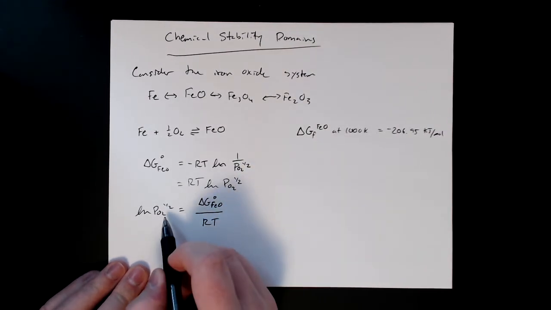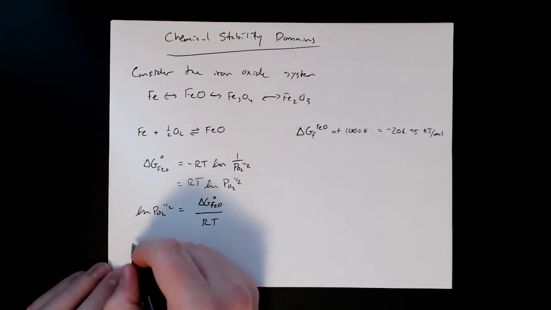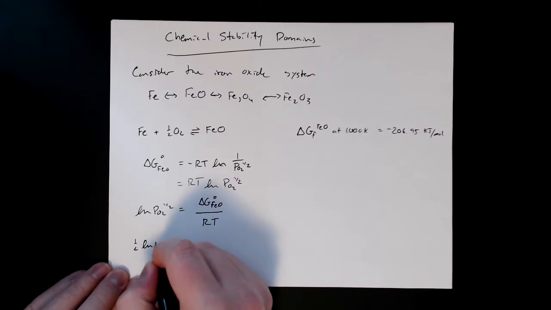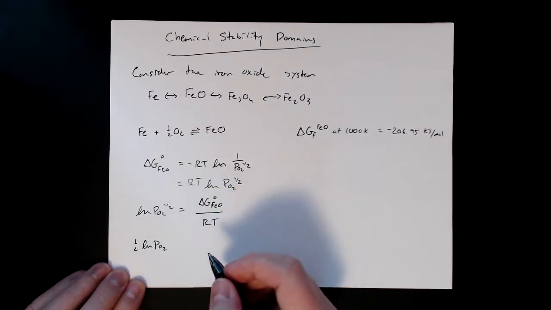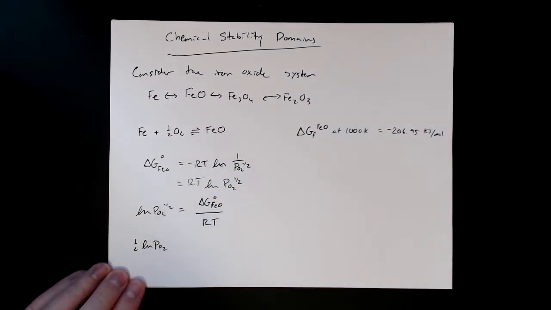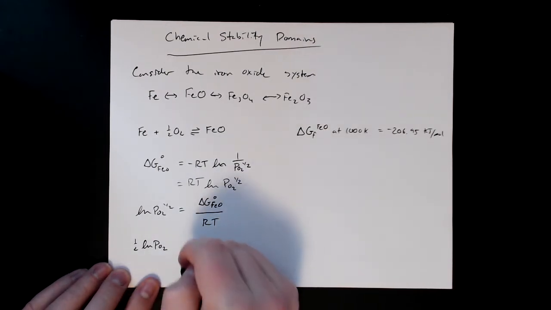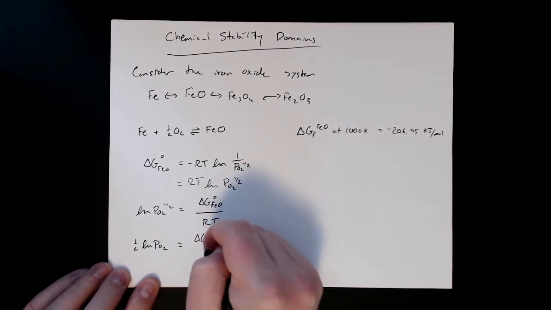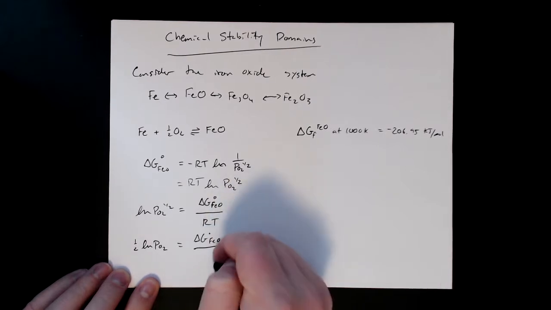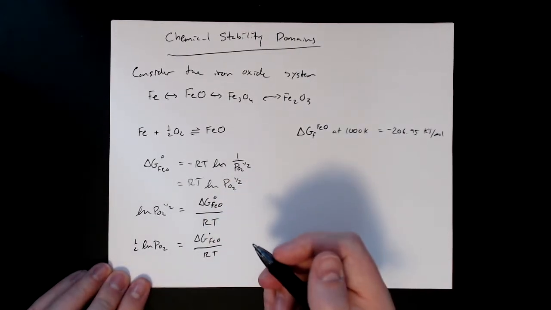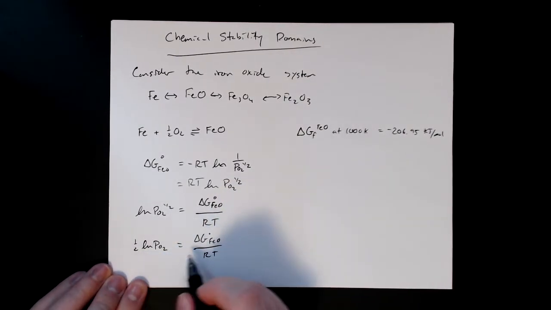Then, since this is a natural log, we can bring the 1/2 out front. So we get 1/2 natural log PO2, basically just using log rules for that. And that gives us the same over here. And so we can multiply by 2 on both sides.